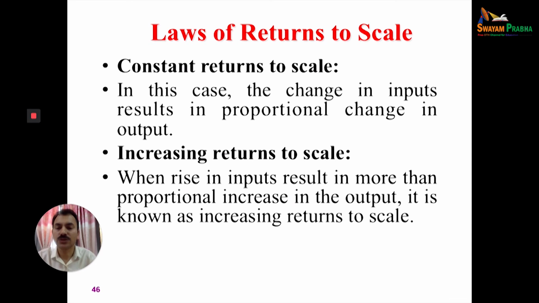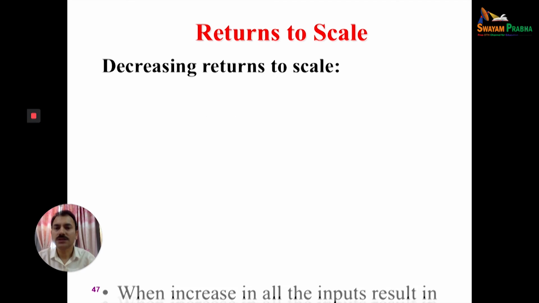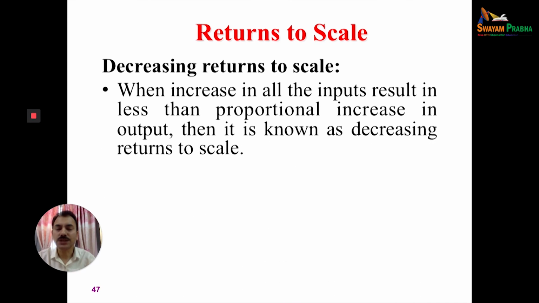The rate at which input increases, output will increase more than that rate. We can say this is increasing returns to scale. And decreasing means that at the rate at which inputs increase, output will increase less than that rate. If input increases by say 5%, but output increases by only 2% or 1%, that is known as decreasing returns to scale.